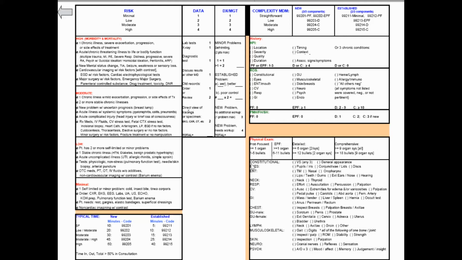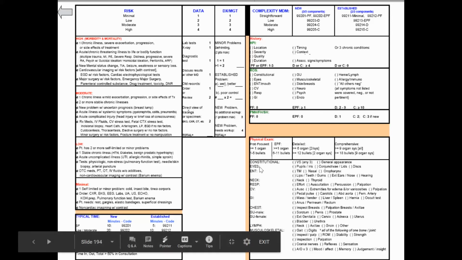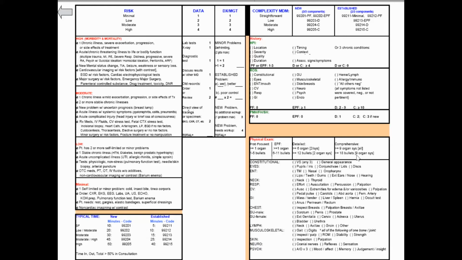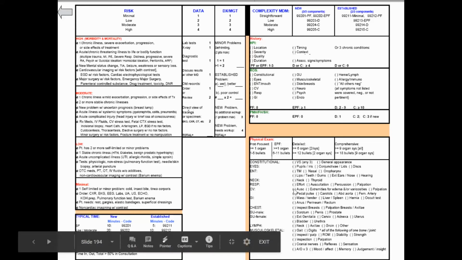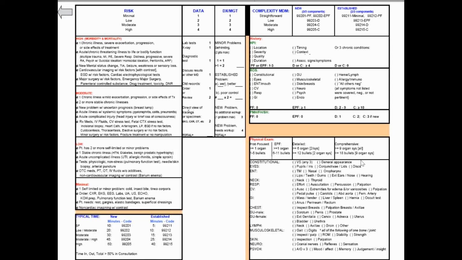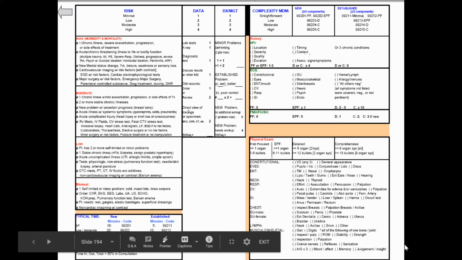And so remember, we got 7 just doing head, eyes, ears, nose, and throat, neck, respirations, heart, lungs, abdomen, all that, easy. So going from 7 organ systems to 9 is not a big leap. Maybe a neuro and a psych exam gets you there.